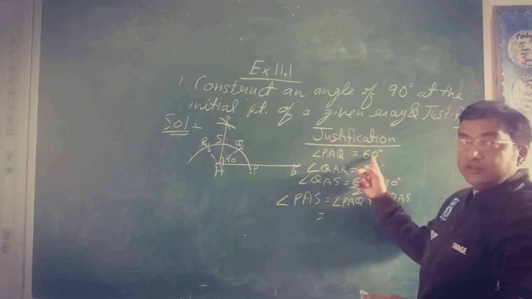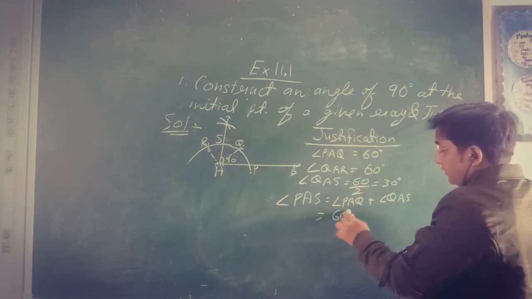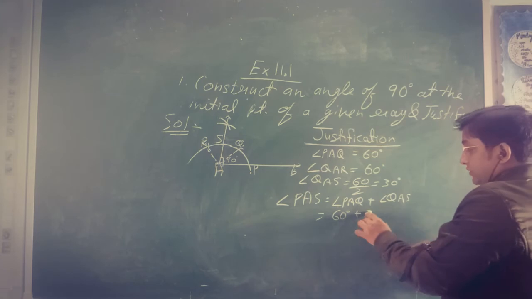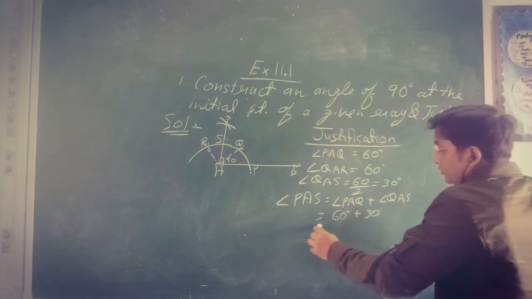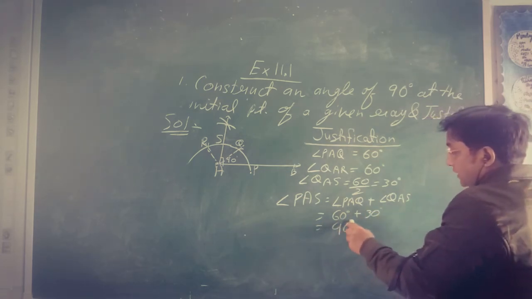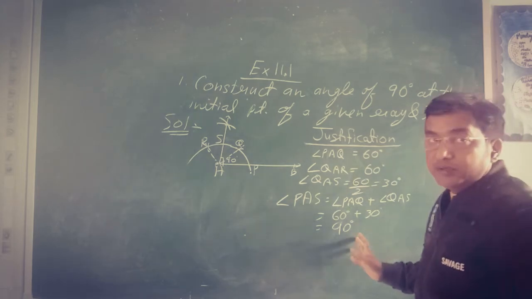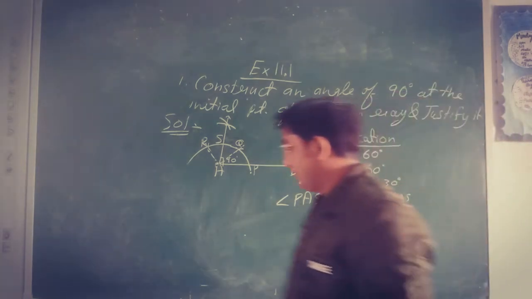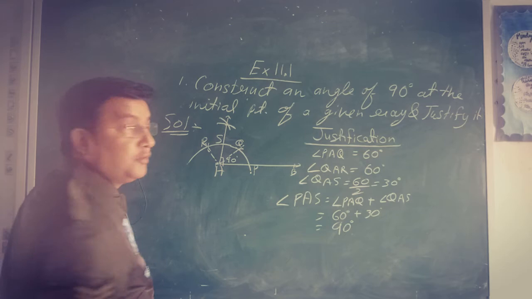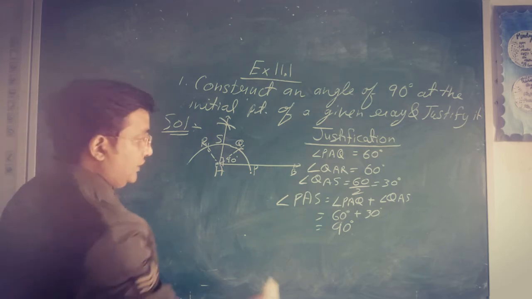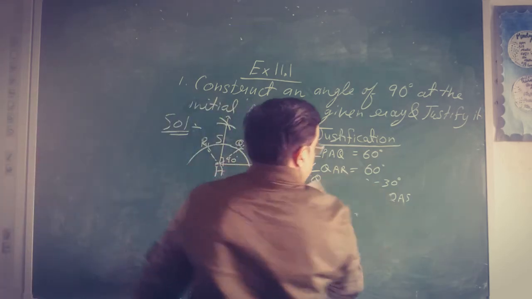PAQ is 60 degree, QAS is 30 degree. So total it is 90 degree. This is one of the ways. We can prove this another way also. I will show you that method also.